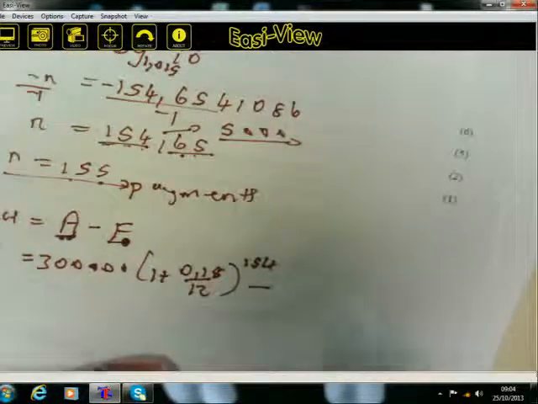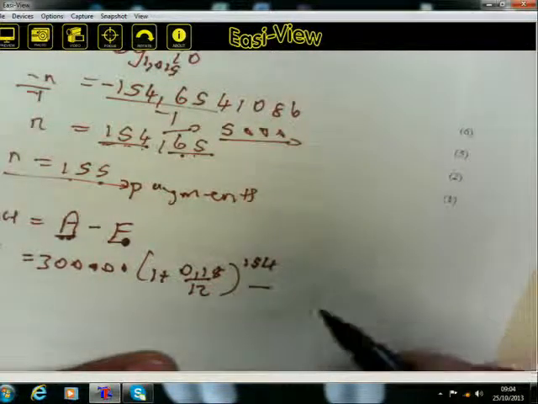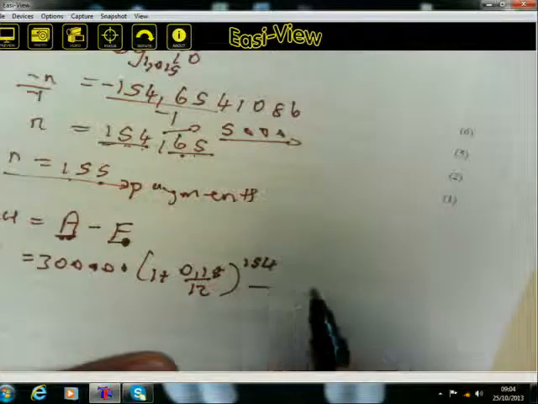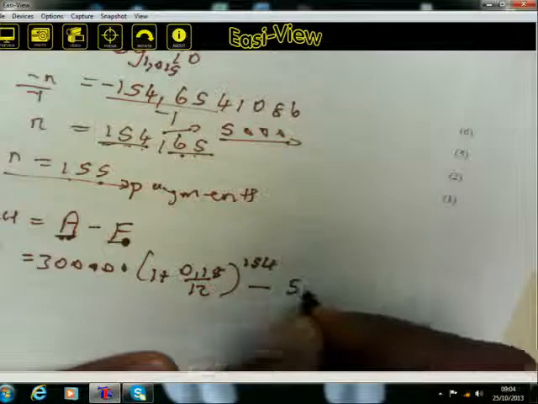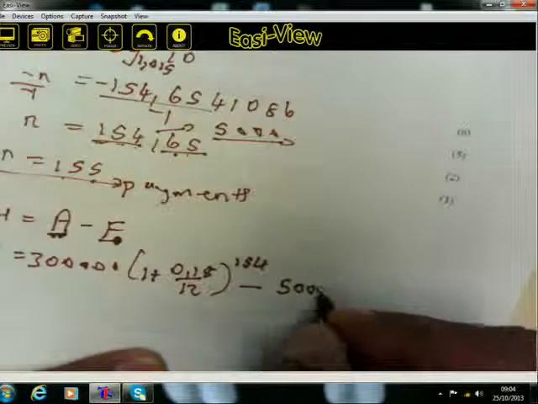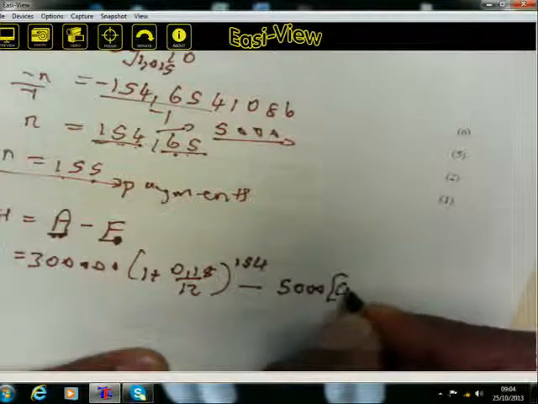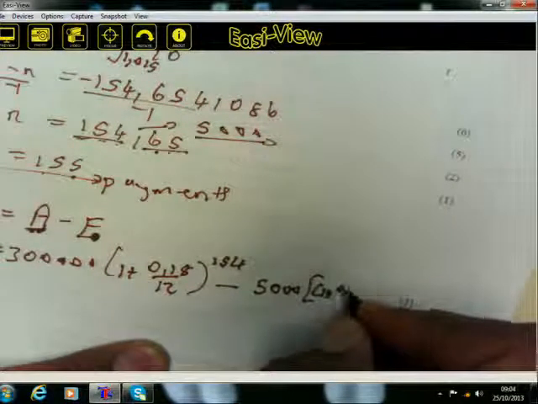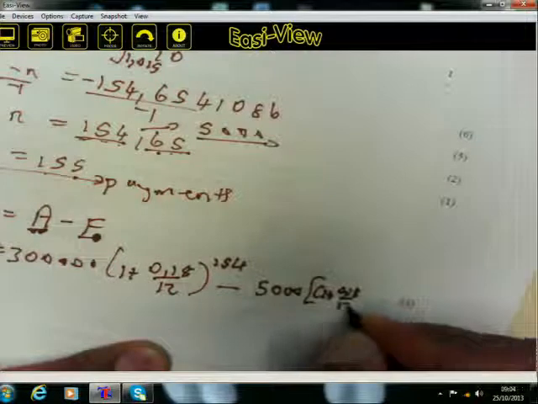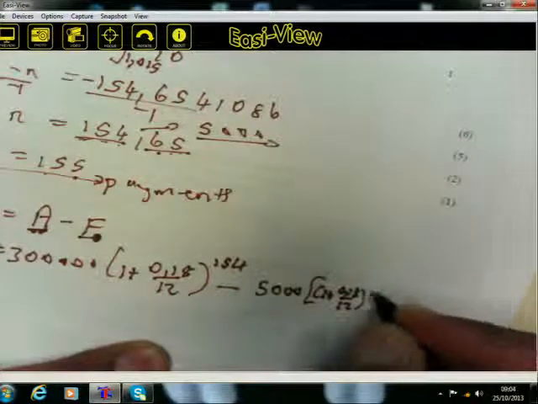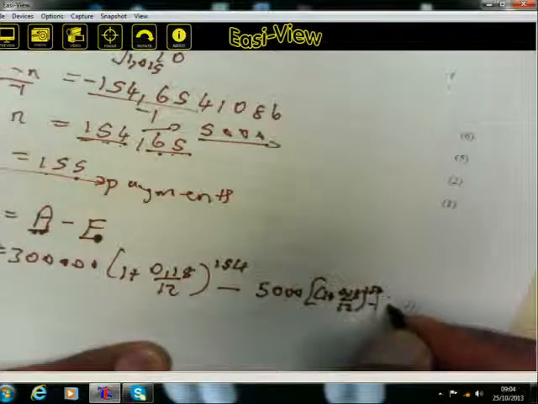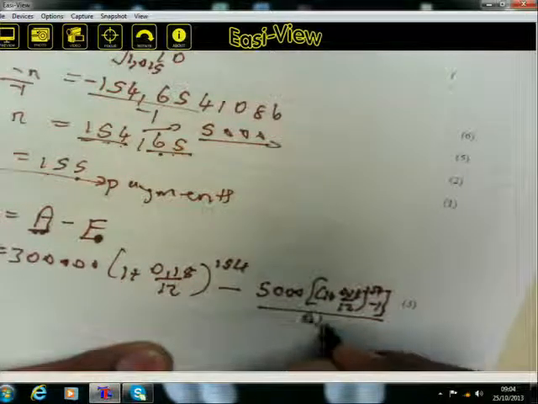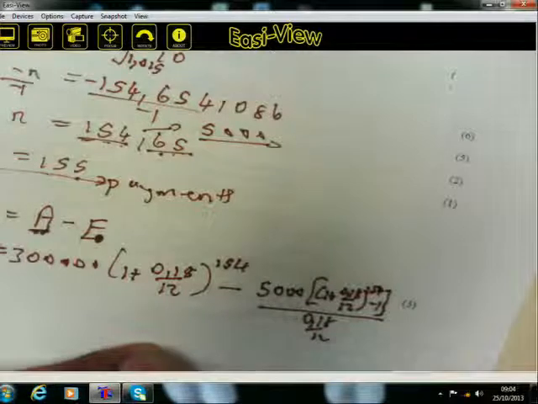Minus, then the future value, that is X into, and then 1 plus I. Now, what is X? X will be the monthly payments, which is 5,000. And of course, we have 1 plus, and then we must see now, what is our I? 0.18 divided by 12 to the exponent of 154. Then minus 1, right? And then we divide this here by 0.18 over 12.